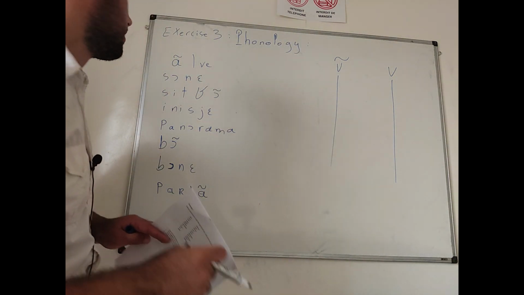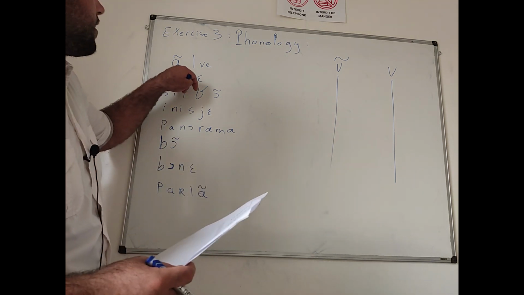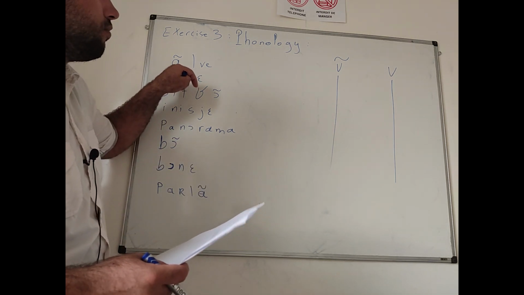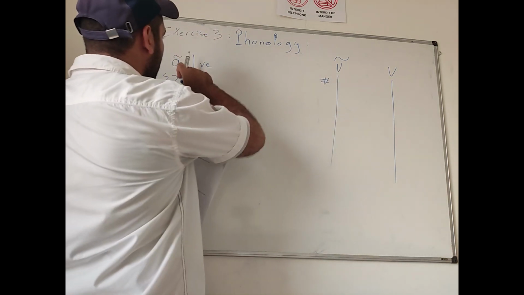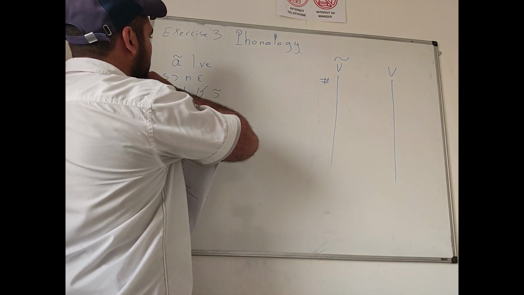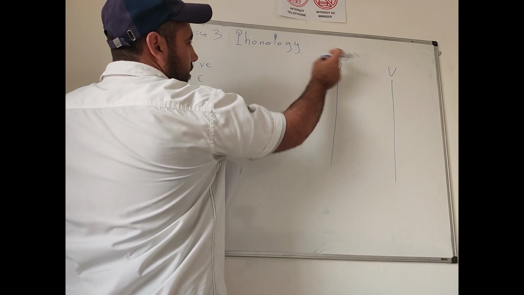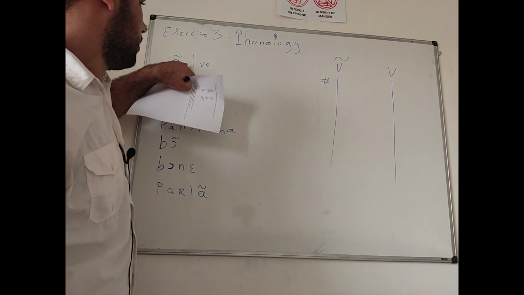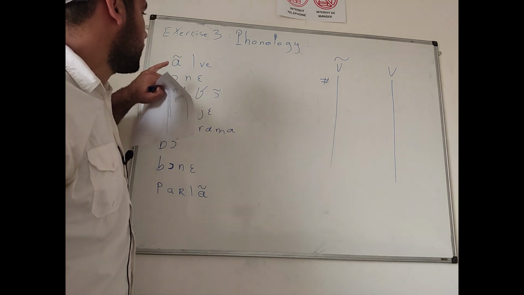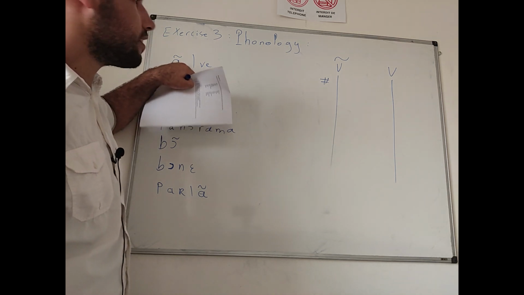The first one, the A sound, is nasalized because it is word initial and followed by what? To get a nasalization feature, a vowel should always be followed by a nasal consonant. And in this case, the consonant is deleted.